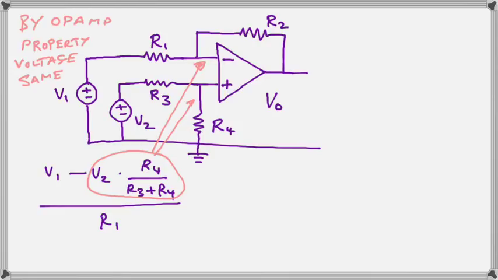Once again, the V2 is reduced by the voltage divider at the plus input. By the ideal op-amp property, we have the same voltage on both the plus and minus input.